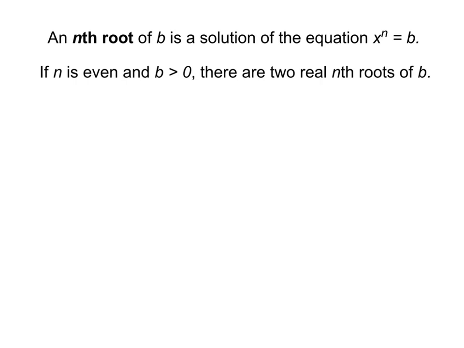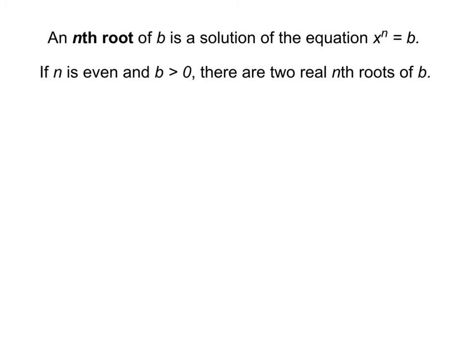So if n is even and b is greater than 0, there are two real nth roots of b. This is much the same as it was for square roots, okay? One of these is the principal or positive nth root, and the other is denoted by being negative.